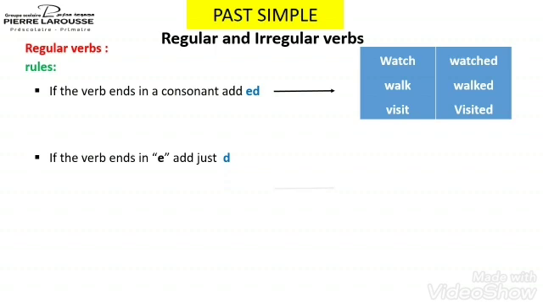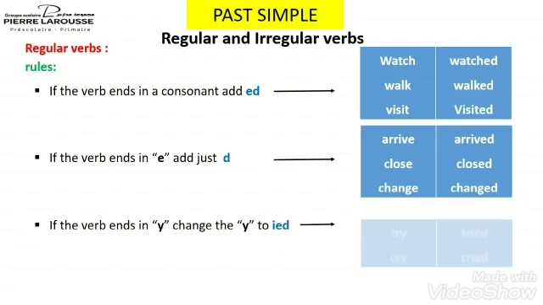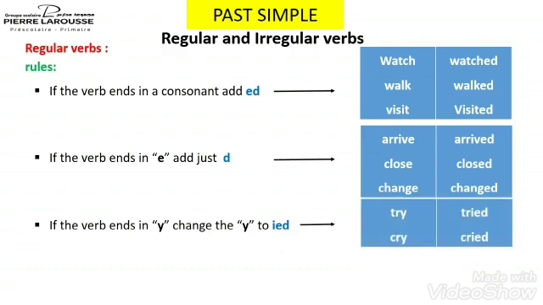It's easy and simple, like this: arrive, arrived, we add only d. Close, closed, change, changed. Next, if the verb ends in y, change the y to ied, like this: try, tried, cry, cried. So keep in mind that those verbs are regular, not irregular.